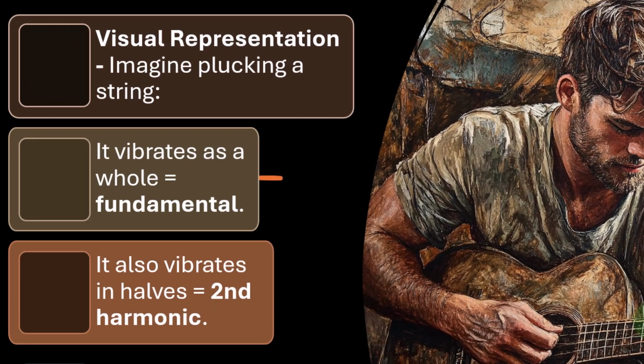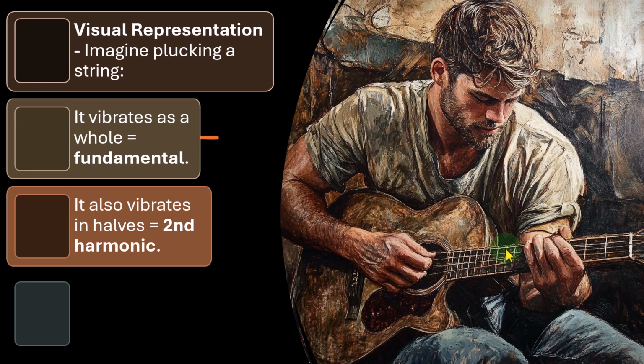However, as that is happening, similar to multiple other ripples, it also vibrates in halves. So if we cut the string in half, if I plucked this whole thing and I wasn't holding down any frets, then you can also imagine the middle of this thing is going to be split, and this side is going to be vibrating and this side is going to be vibrating opposite, like a sine wave to each other.